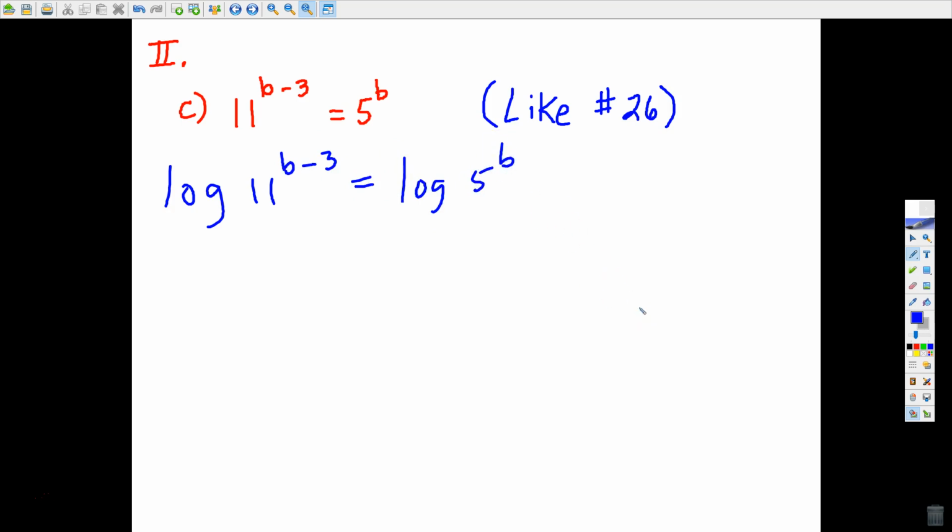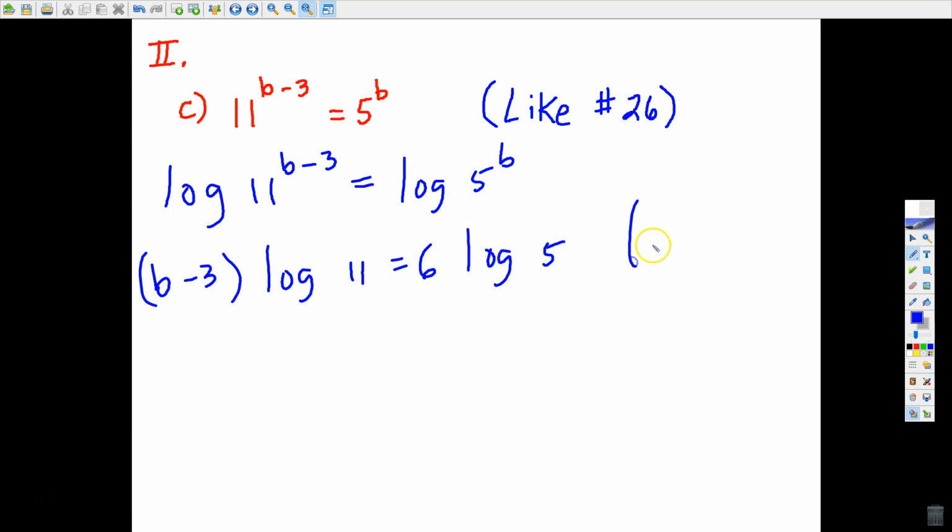Power property, but this time it's going to be on both sides. We're going to bring the left exponent down, and I'm going to bring the right exponent down. Once again, this is an application of the power property of logs.